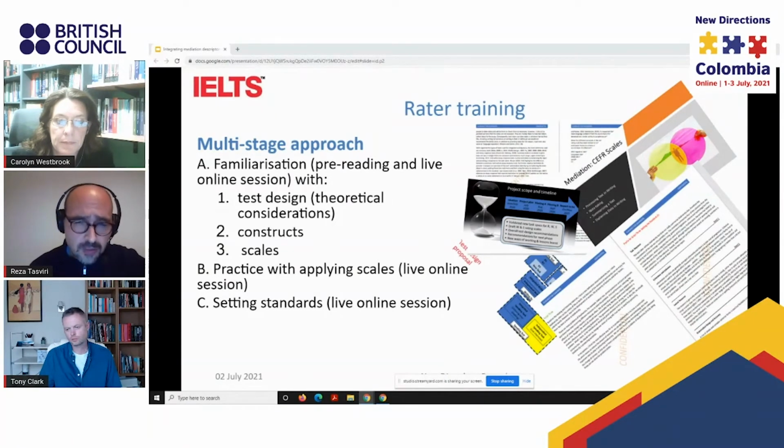To use the final draft for the phase B trial of the band descriptors, which was the real trial of the band descriptors by examiners, we trained the examiners to be able to use them, and we did it in different stages. The first stage was that we put together a pack which contained different sorts of information. It familiarized the raters with the theoretical underpinning and the rationale of the task design.